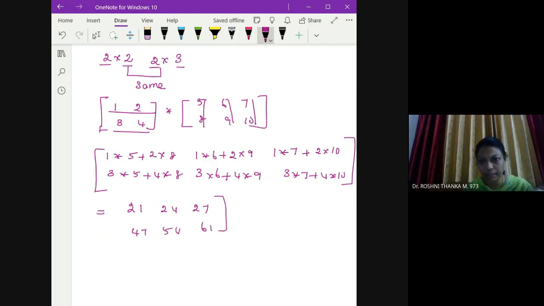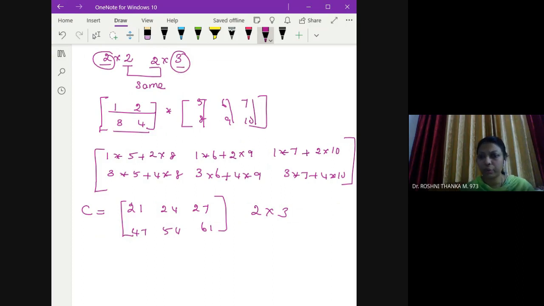This is the resultant matrix, let it be C. When I multiply A and B of dimensions 2 cross 2 and 2 cross 3, the resultant matrix is 2 cross 3, so 2 rows and 3 columns. This is how we get the dimension of the resultant matrix.